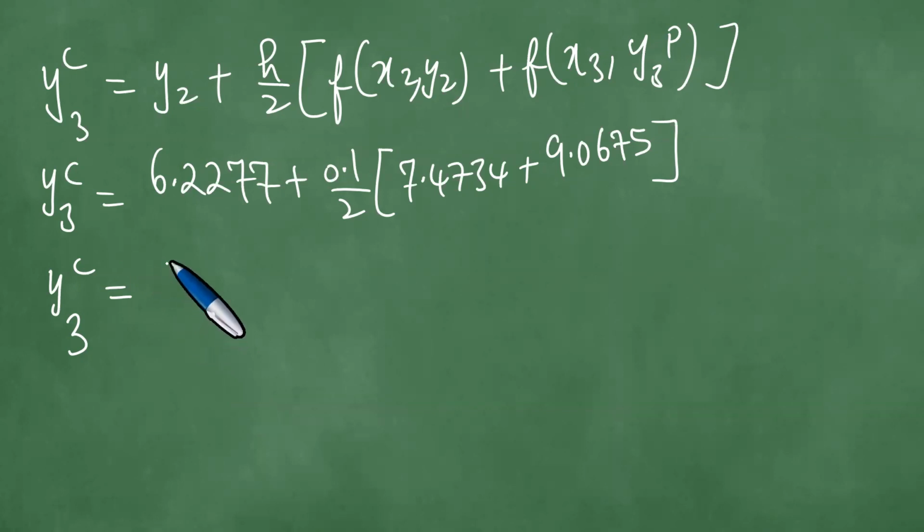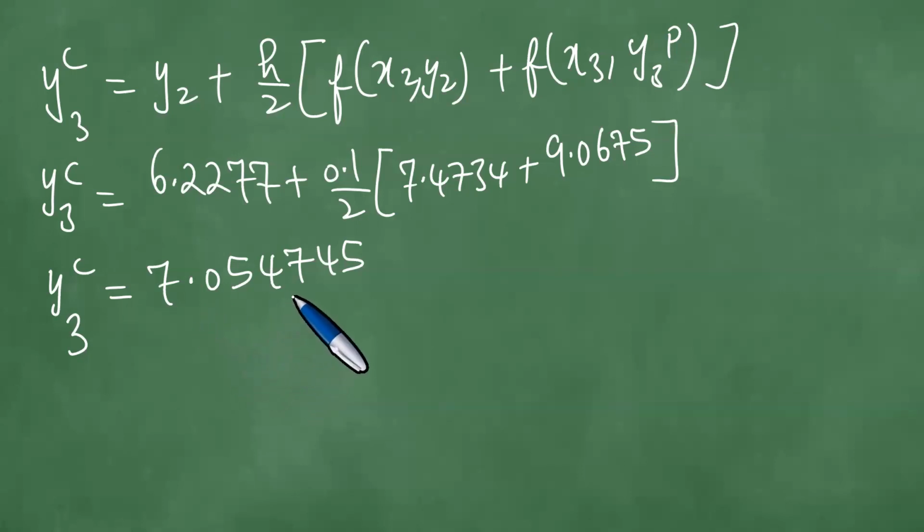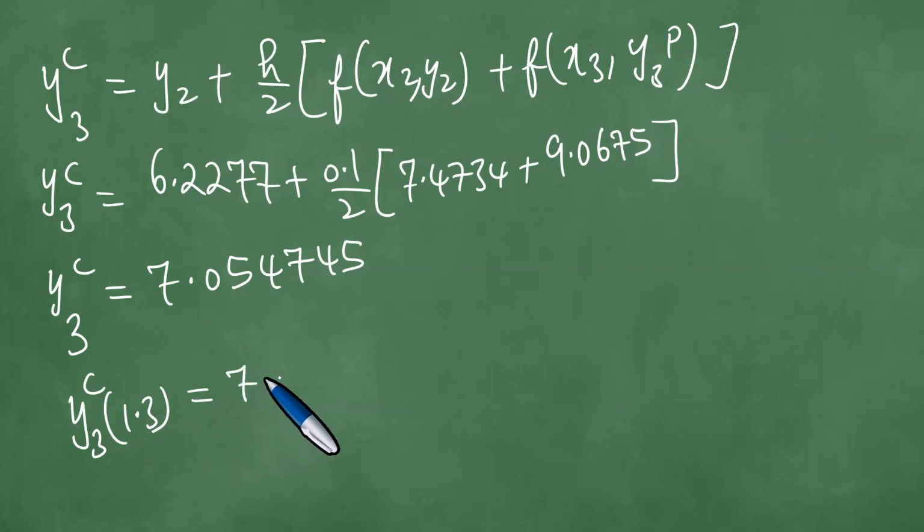Okay, what is the answer? 7.0545. Correct answer. This means this y3 is evaluated at 1.3, which is the corrector.